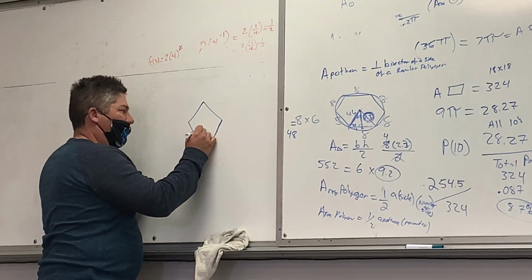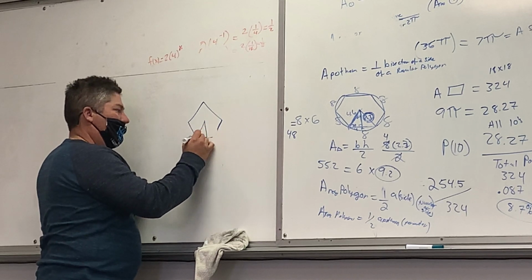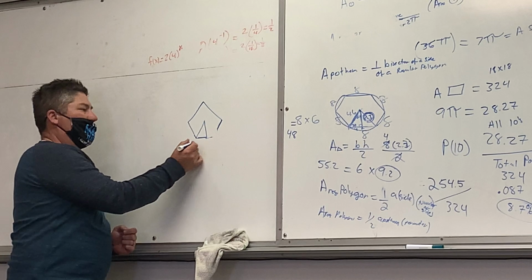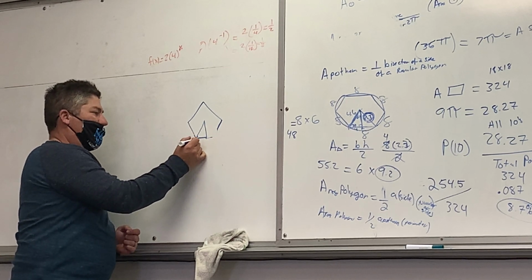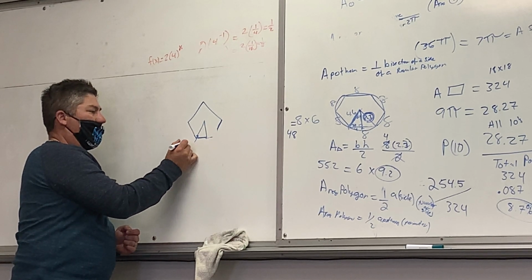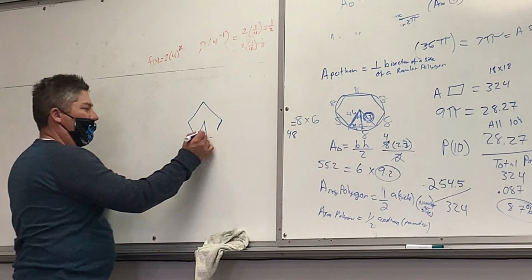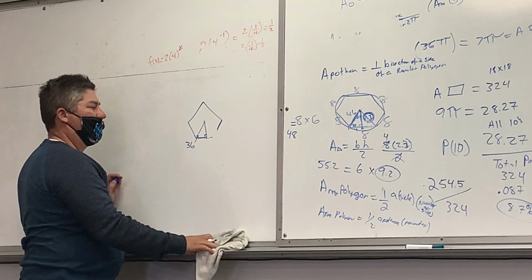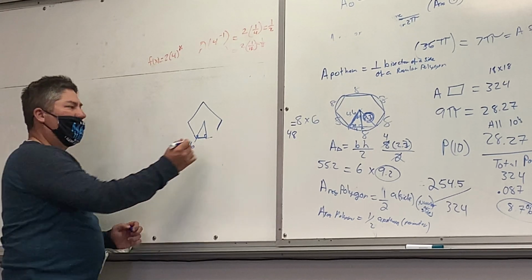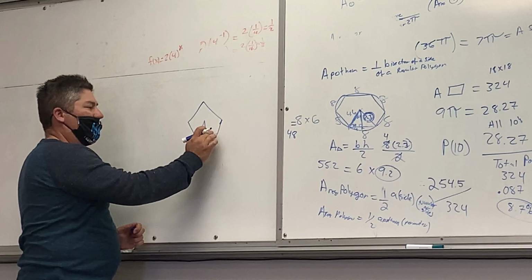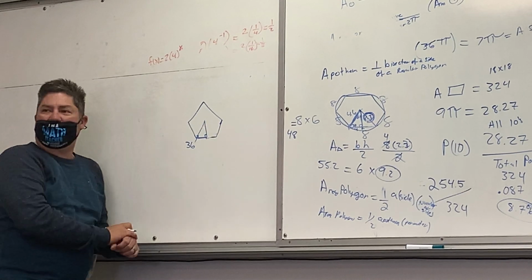What's half of 72? 36. That angle right there is what? Everybody agree with that? But that's not 30, 60, 90. So now how do we find the apothem? We know that's 36.